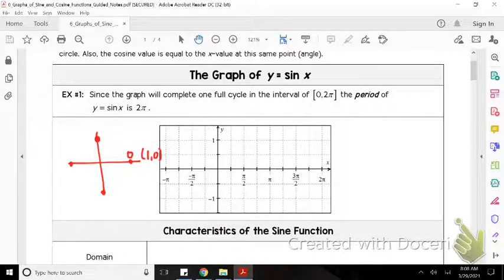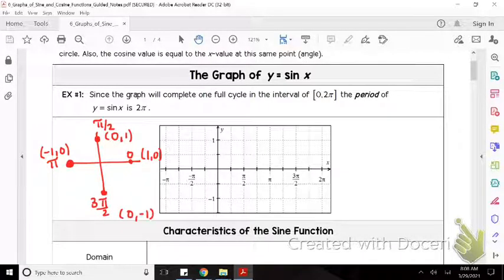We have pi over 2, which has an ordered pair of (0, 1). Then over here, we have the angle of pi, which is an ordered pair of (-1, 0). And then down at the bottom, we have the angle of 3 pi over 2, which has the ordered pair of (0, -1). And if we go a complete circle, then we also have the angle of 2 pi, which shares the ordered pair of (1, 0).